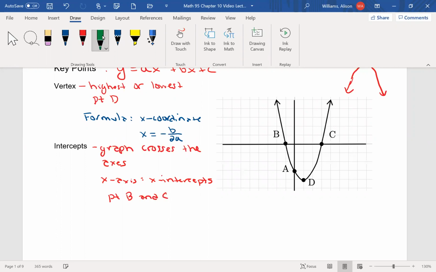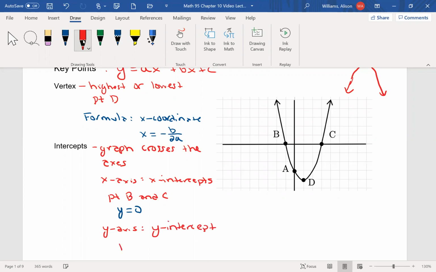And what's special about all the points on the x-axis is that they have a y value equal to 0. And we're going to use that. They have y values equal to 0. So when it crosses the y-axis, we call those y-intercepts. But we only have one y-intercept.